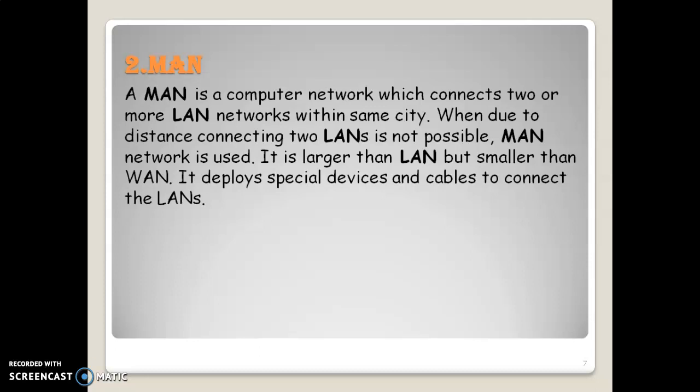So we form many groups of LAN, and then combine those groups to form a MAN. From the definition we can say WAN is much larger than LAN, but MAN is smaller than WAN, wide area network. So here we connect the city itself, or within a city we can form a connection.